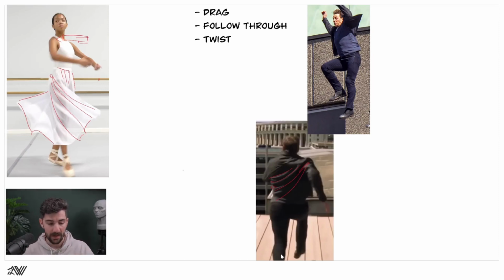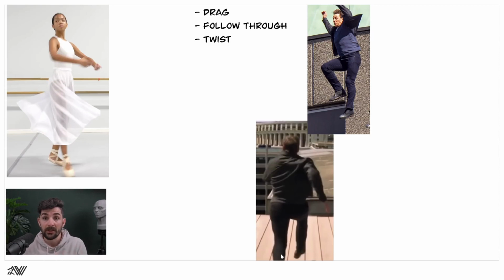And so what I mean by that, if we look at the ballerina girl again, it's the same thing, right? So what tends to happen is that because she is twisting her body abruptly one way, right?